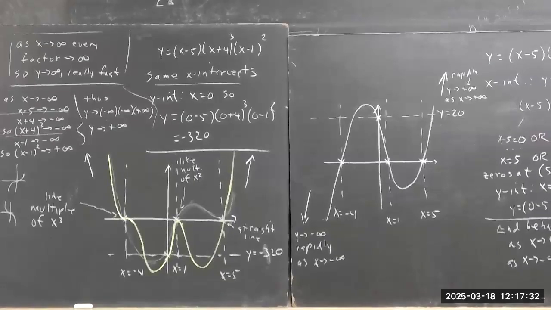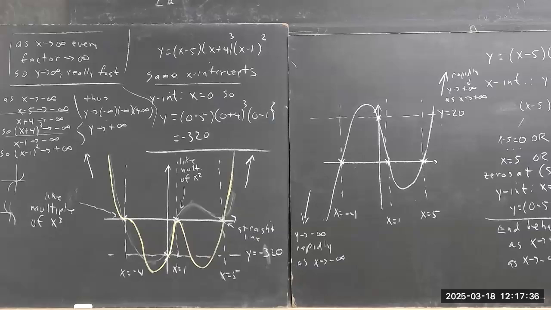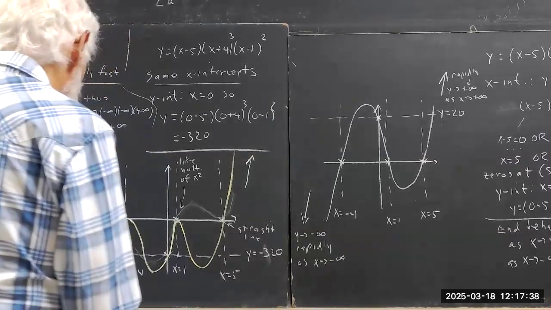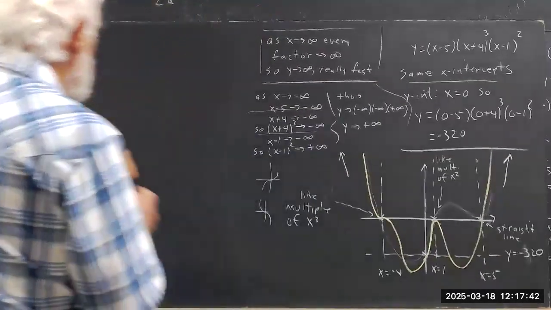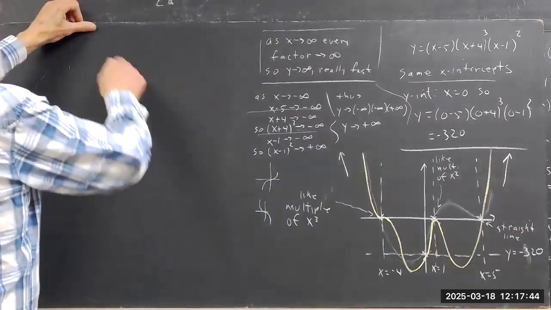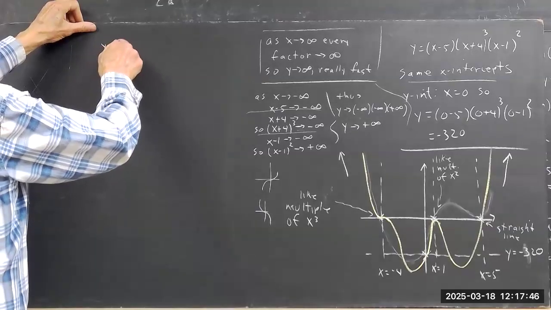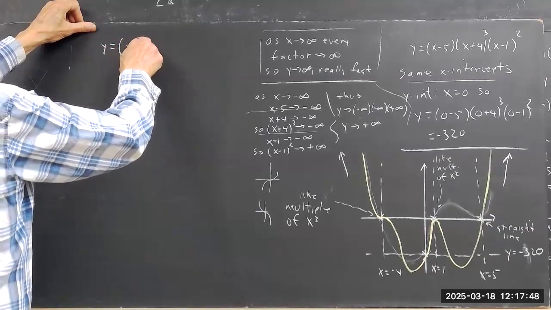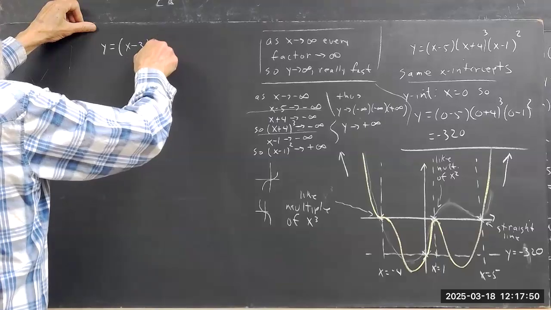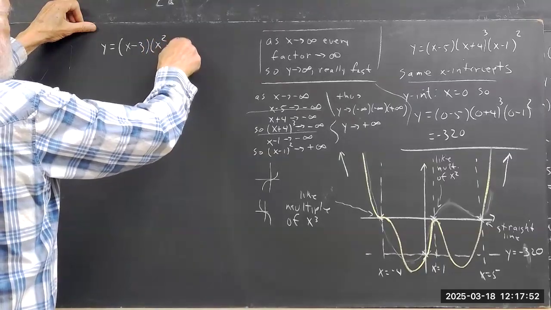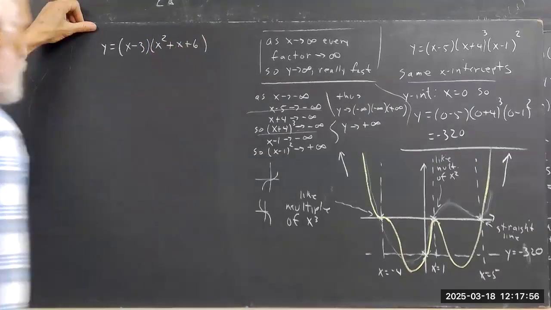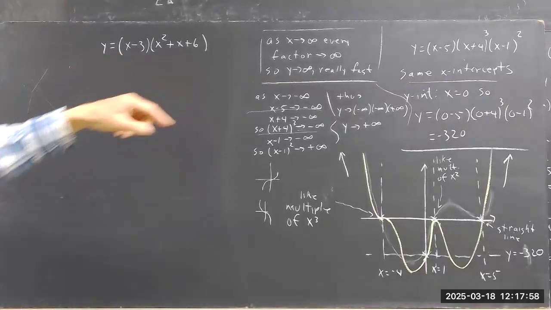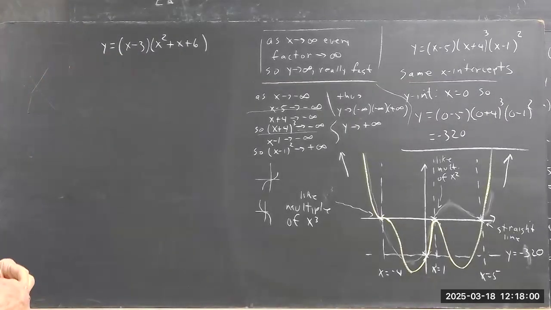Now, another quick example. Y equals x minus 3 times x squared plus x plus 6.